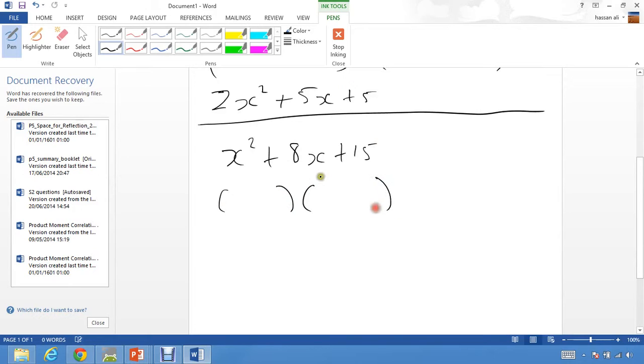Now remember, the way I teach it is that just think of AM. Put an AM straight away on top of these numbers here. M stands for multiply, so you just need two numbers that multiply to give you 15. That would be 1 and 15, 3 and 5. Which one of those add to give you 8? 5 and 3.